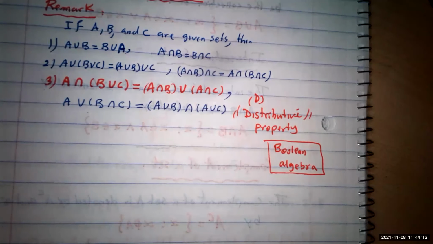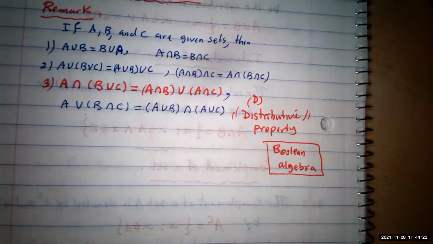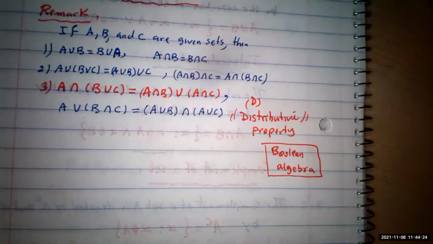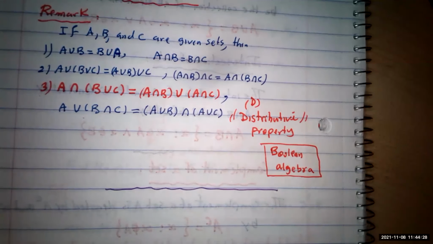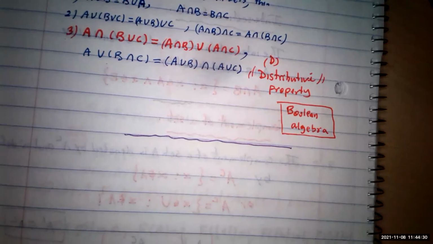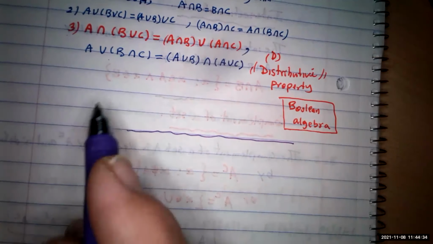We can have quite a lot of these identities. We are not going to use them, otherwise I can list them for you. The ones that we are going to use are going to be given to you in the next example. Any questions?